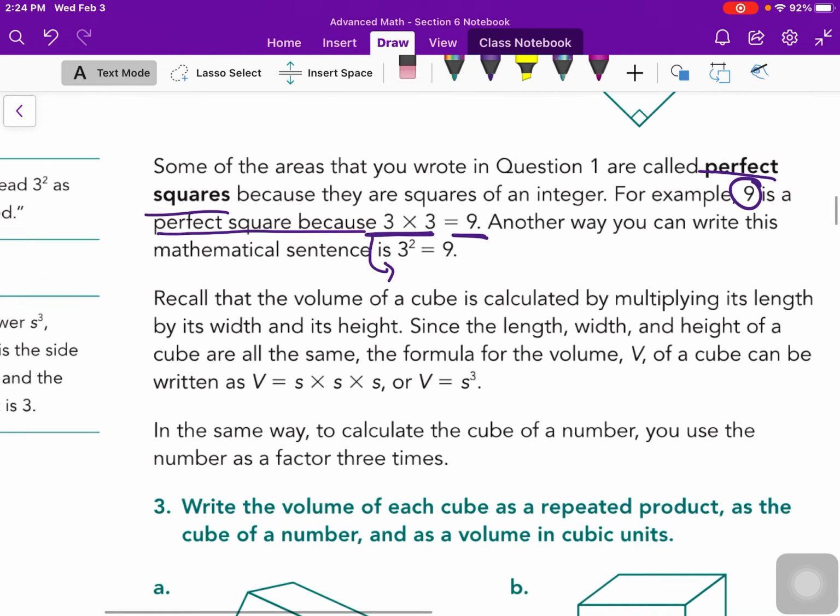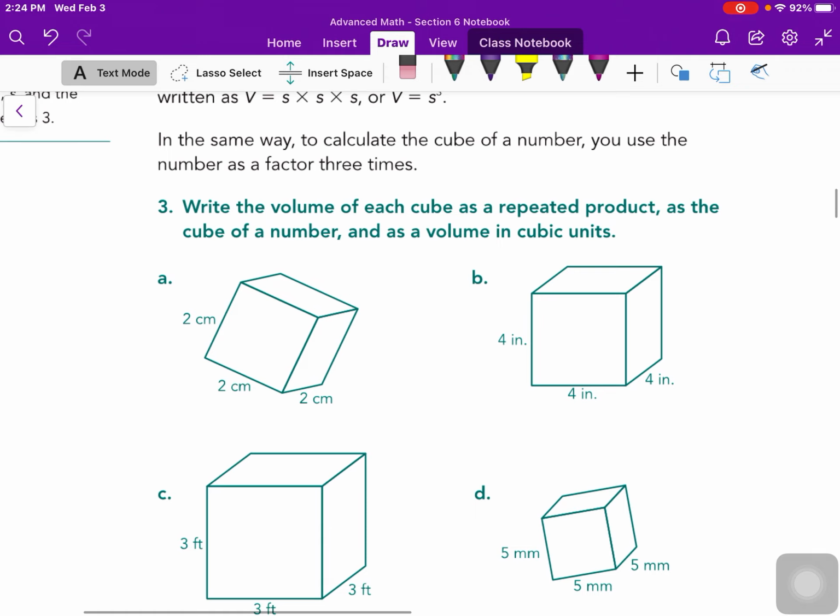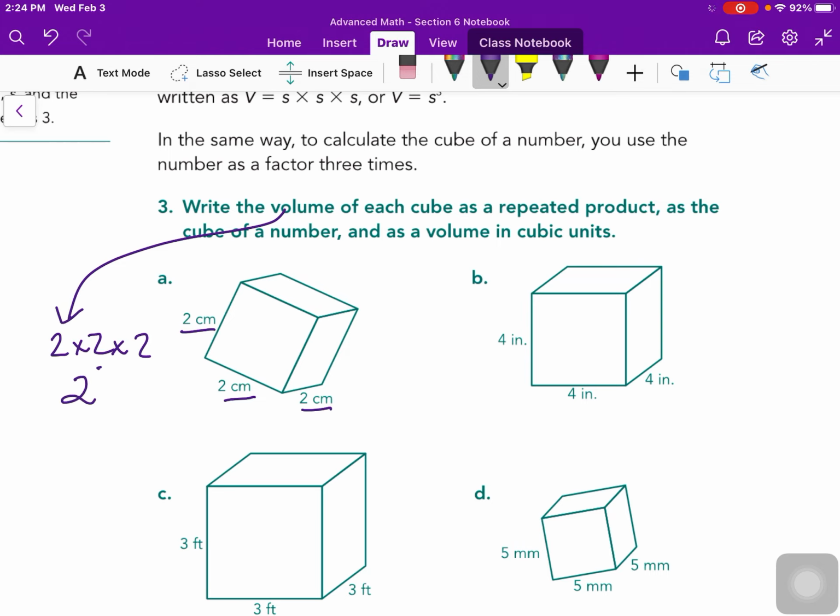Sometimes we can have a perfect cube, and that would be these guys, because they all have the same length side. It's like saying 2 times 2 times 2 to find the volume, and we could represent that as 2 to the power of 3, or 2 cubed. Why cubed? Because it makes a cube.